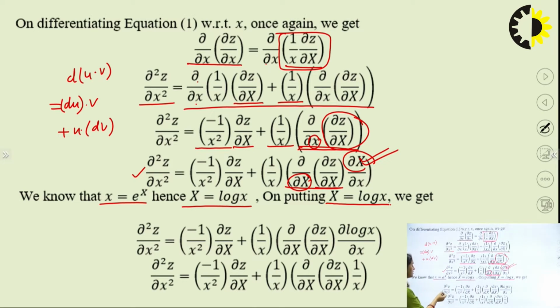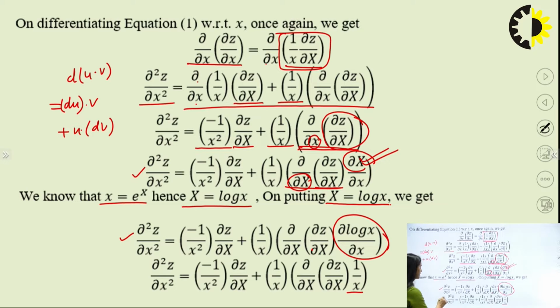We will get del 2z upon del x2 is equal to minus 1 upon x square into del z upon del of capital X plus 1 upon x del upon del of capital X into del z upon del of capital X and del of log x upon del x. We know that this del of log x upon del x is equal to 1 upon x.